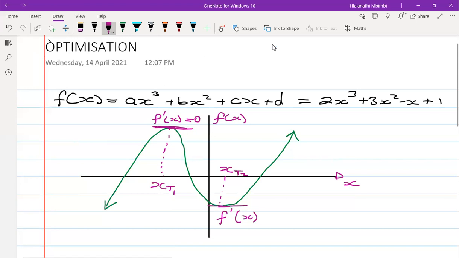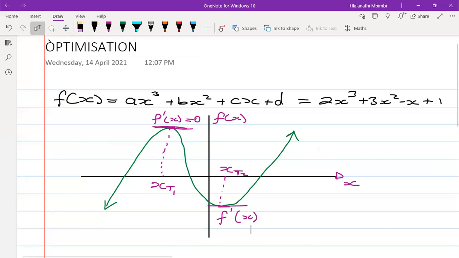Now, optimization is where we're trying to make something as big as it can or as small as it can, or anything between the two. That's number one. But number two is that now we're going to start dealing with functions that we know.